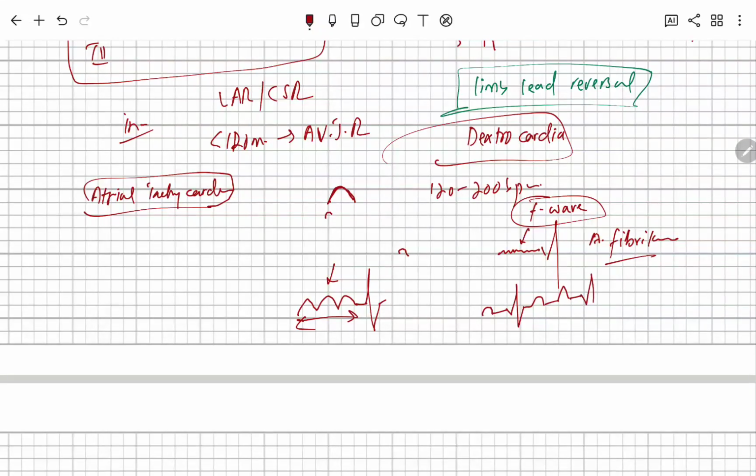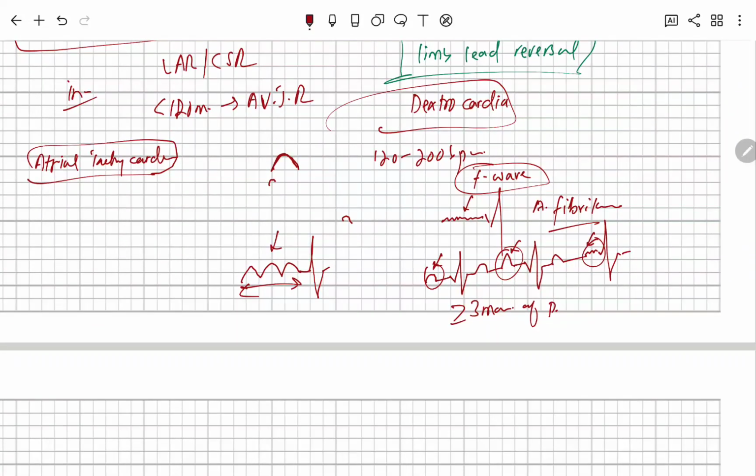If we find more than 3 morphologies of P wave, there are two differentials for that. It can be wandering atrial pacemaker or it can be multifocal atrial tachycardia.